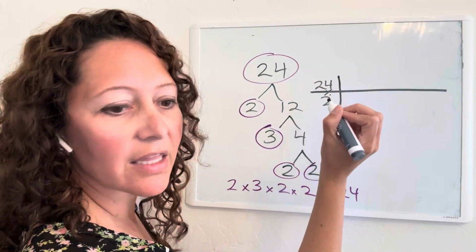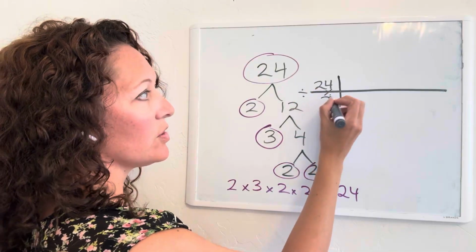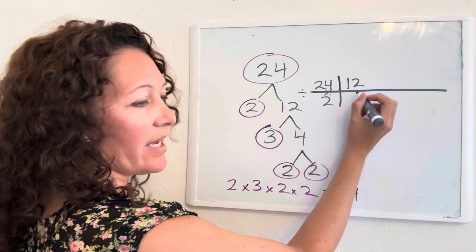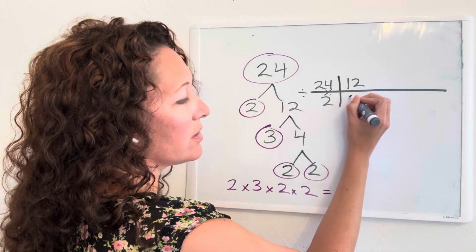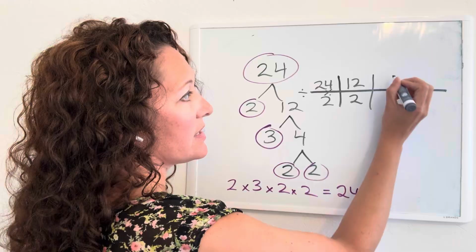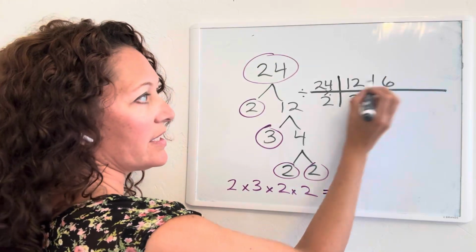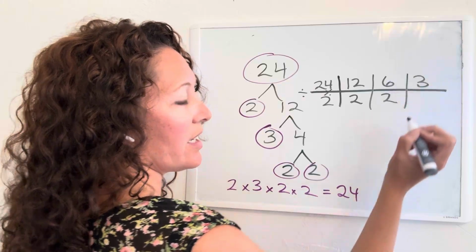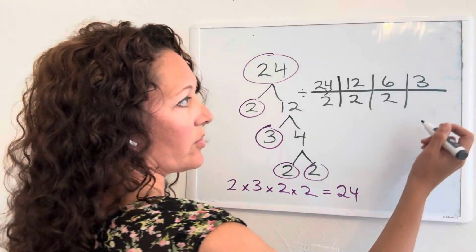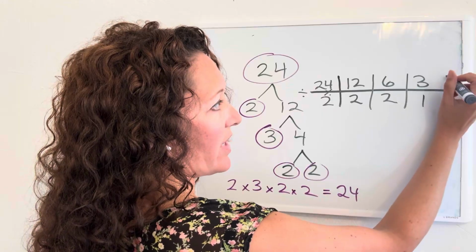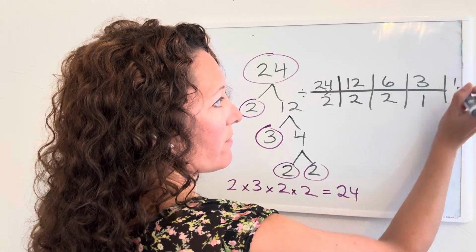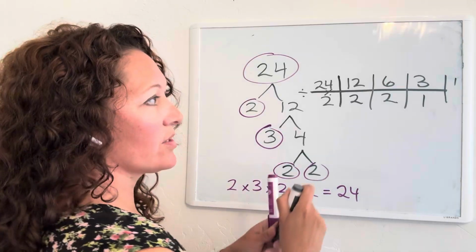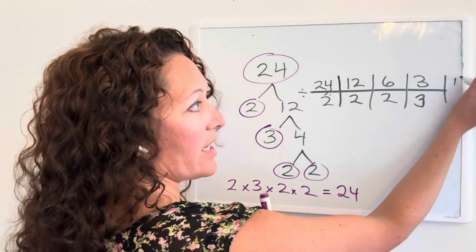Divided by 2 will get you to 12. 12 divided by 2 will get you to 6. 6 divided by 2 will get you to 3. And then 3 can only be divided to 1. So you can't go any further. Sorry, 3 is divided by 3 to get to 1.